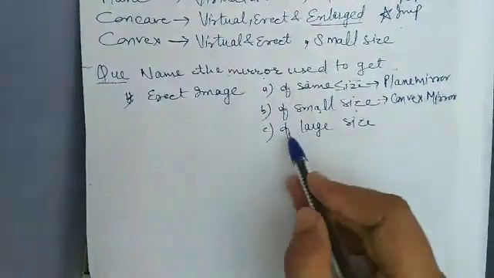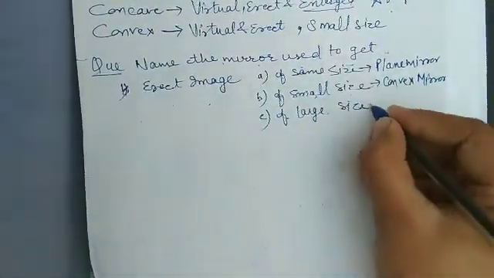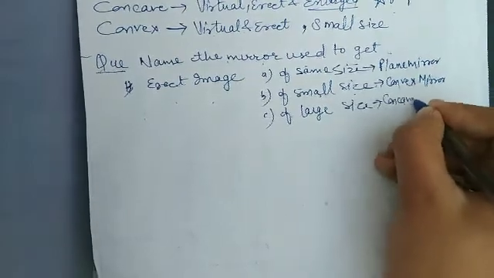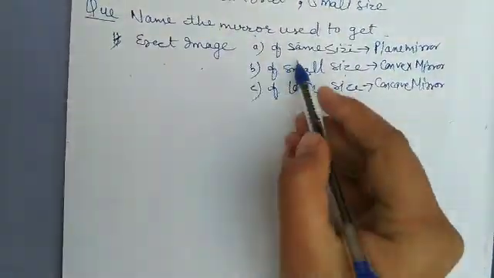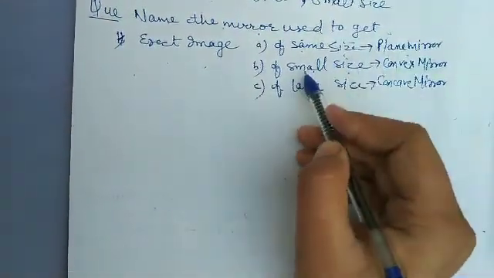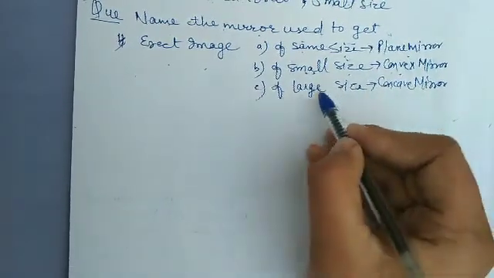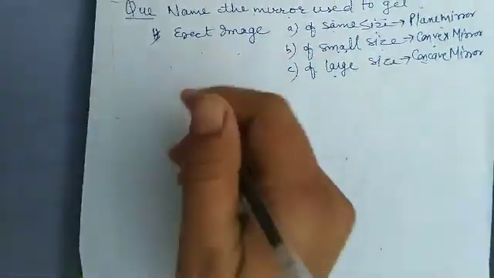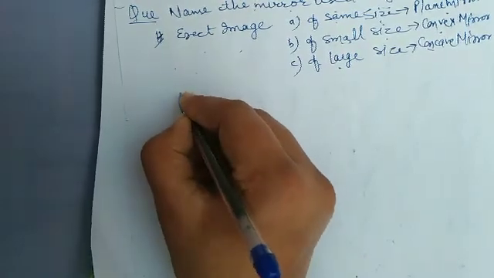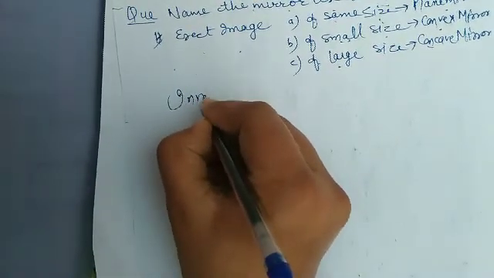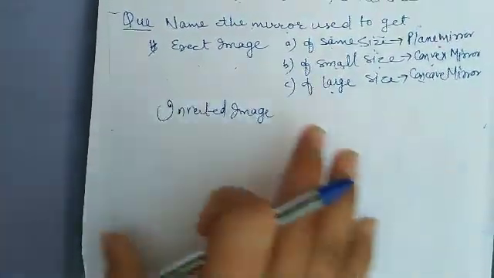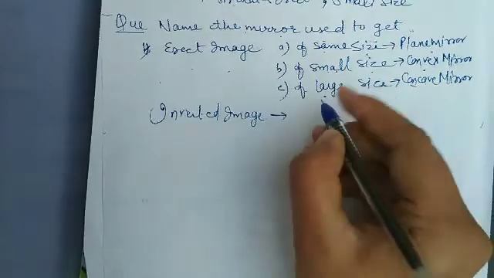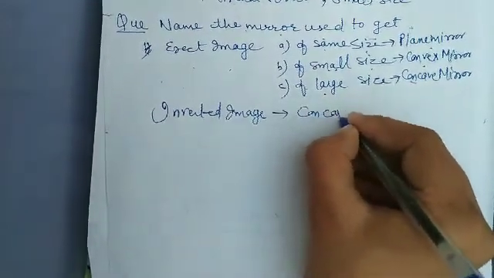So for large size erect image you will require concave mirror. Questions are appearing to be similar but not actually. If size same, plane. Size small, convex. Size large, concave. If I am asking inverted image, for all the cases in which image was inverted, that was using concave mirror only.